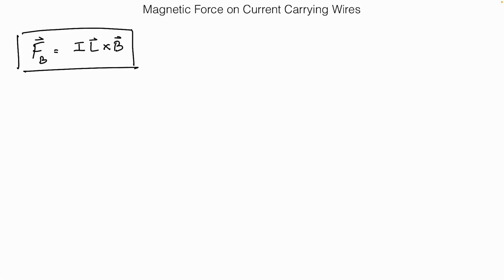Notice where the vector symbols have been placed. It's on length and magnetic field. Magnetic field makes sense. It's a vector field, so it's going to have direction. But notice how we don't put the vector direction on the current. That's because current is not a vector. Current's a scalar, right?